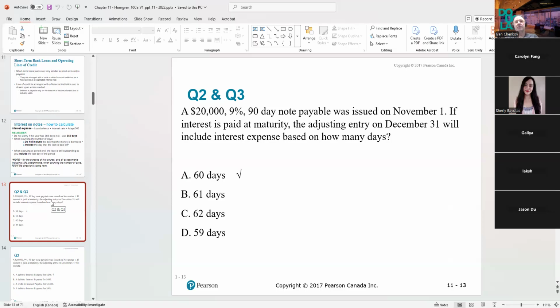Having said that, do you know how it works in real life? Forget about the Pearson MLA assignment and anything like that. If I go to the bank and borrow money today, do I owe interest for today? Again, forget about Pearson, forget about the MLA assignment.